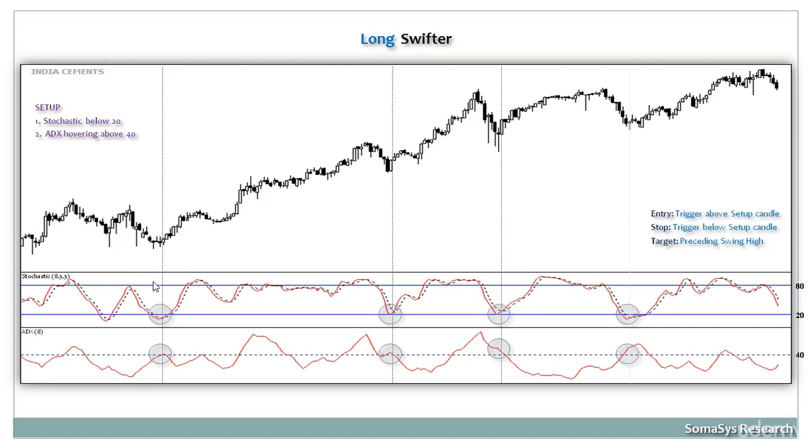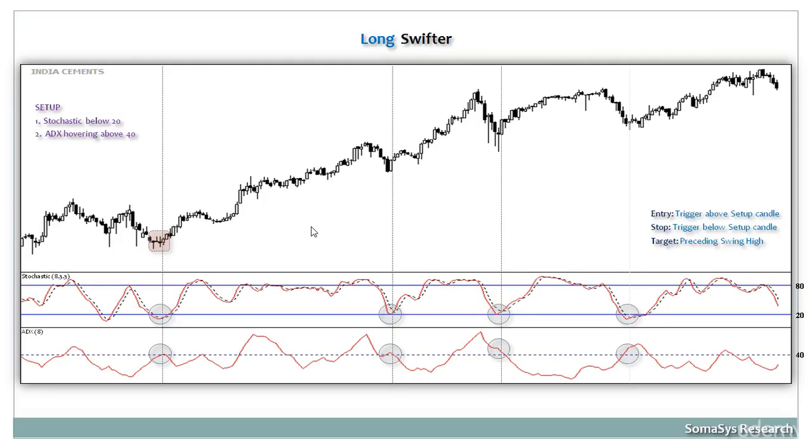Once we have the preliminary conditions being met, we then need to have a white candle, and that's here. Accordingly, entry is going to be above the candle's high, stop below its low, and target will be the immediately preceding high, this one over here.